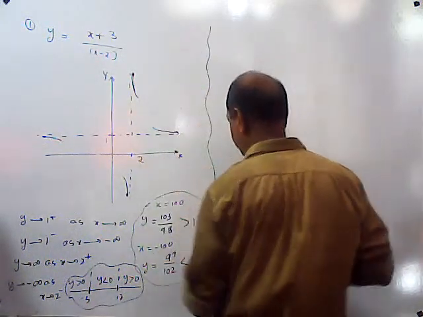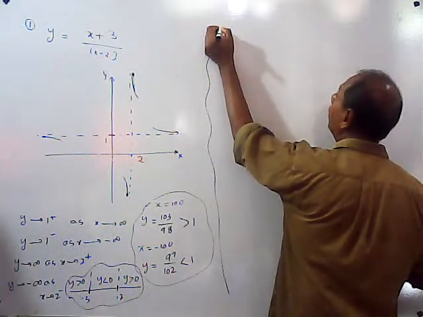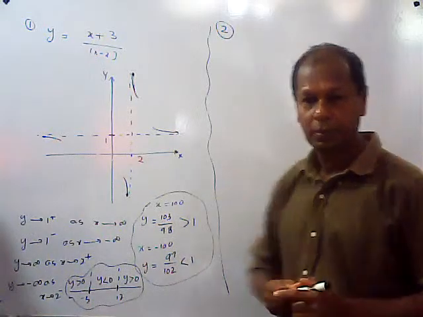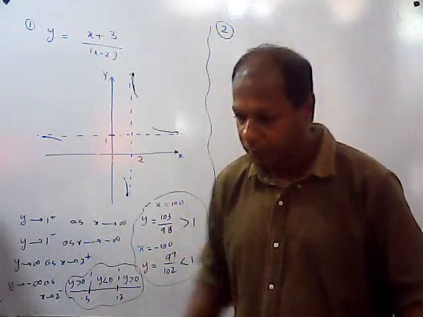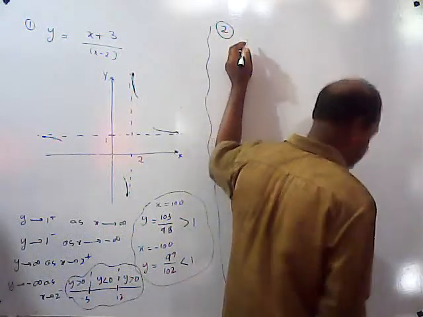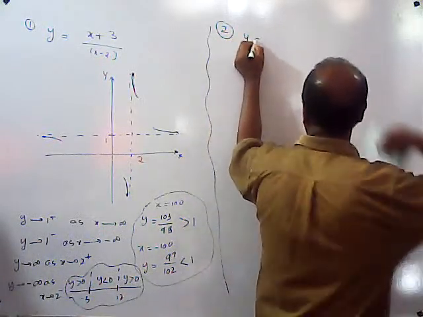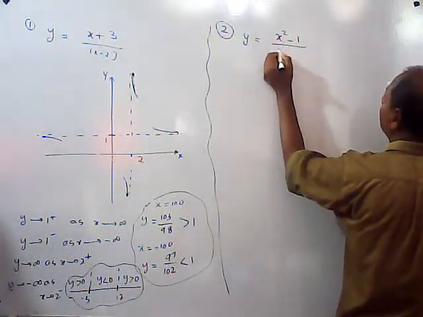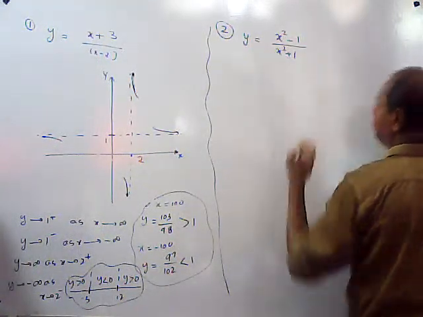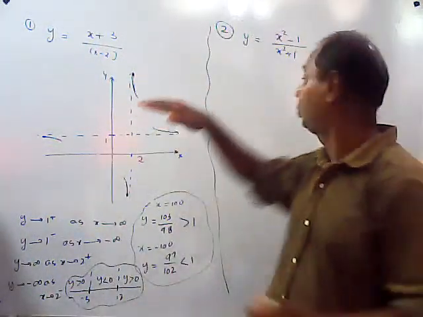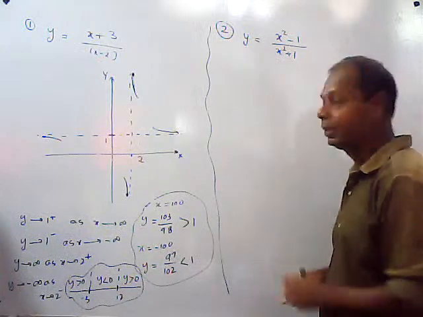Then number 2, y equals (x squared minus 1) over (x squared plus 1). To check horizontal asymptotes, we send x to infinity.